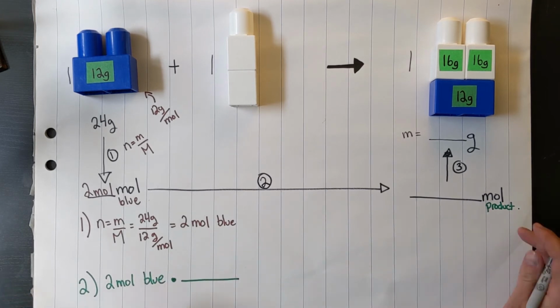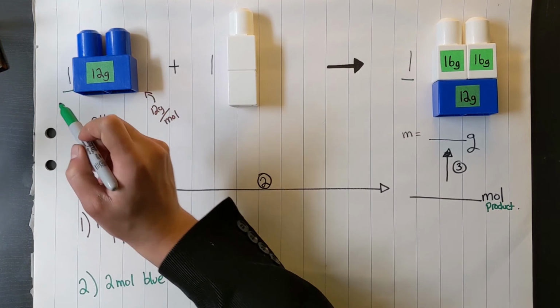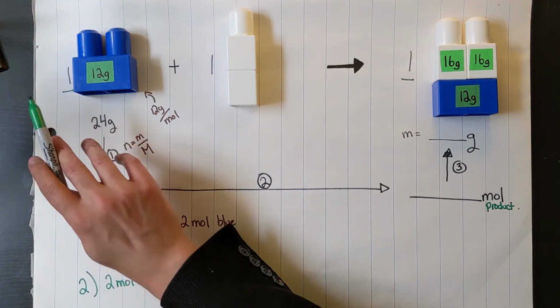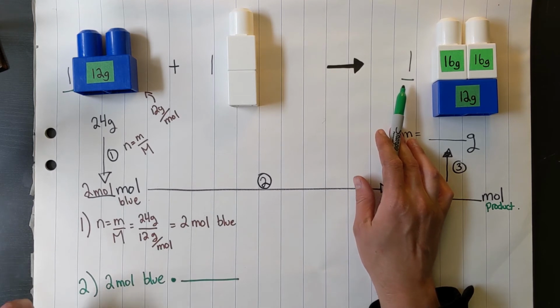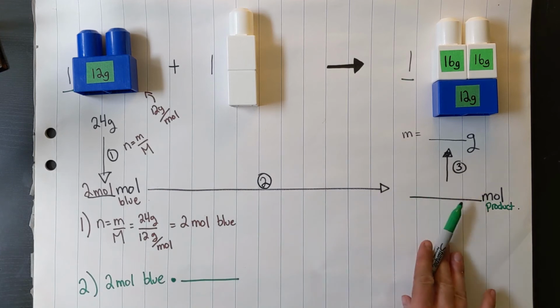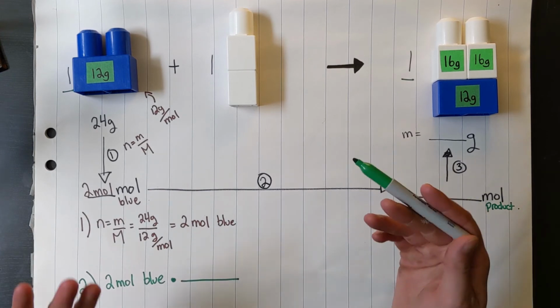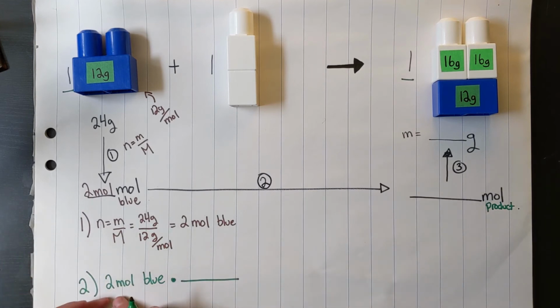I'm trying to figure out how many moles of product are going to form. And this is where I look at my coefficients. Every time one of my reactant reacts away, it's going to produce 1 mole of product. And so you might already be able to see that if 2 moles of this react, it's going to form 2 moles of product. But let's show you how to do it mathematically, because it's not always going to be that easy. So units will cancel just like variables do.